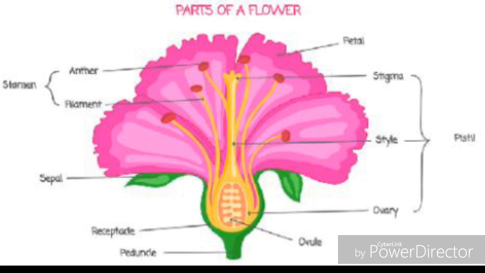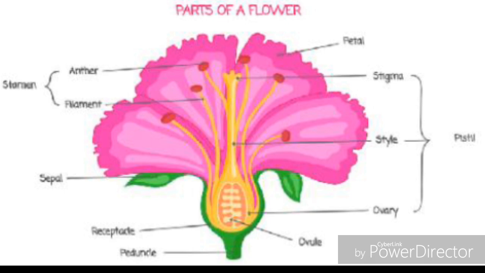So in a bisexual flower, male parts and female parts are present together. And this flower is responsible for pollination and fertilization, and fertilization leads to the formation of zygote. And finally, it results in the formation of fruit which bears seeds.